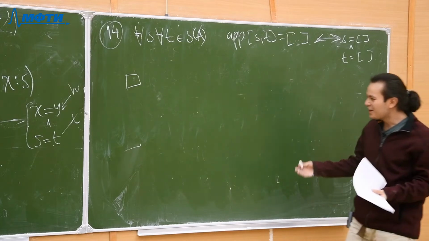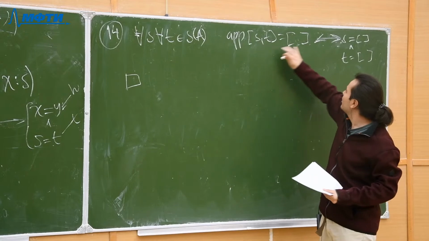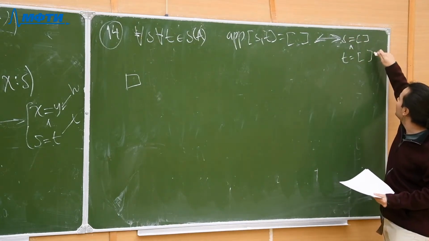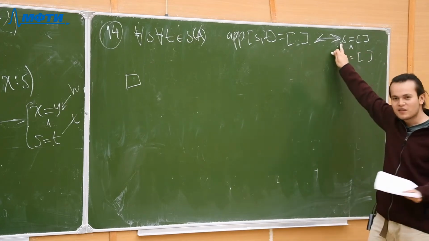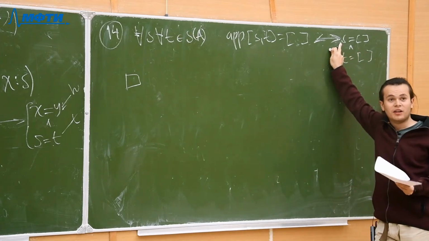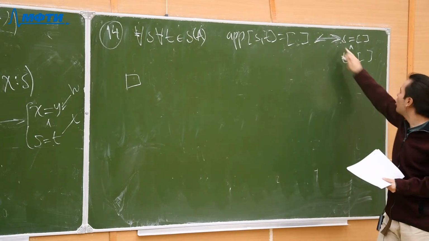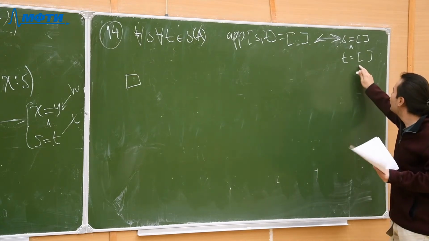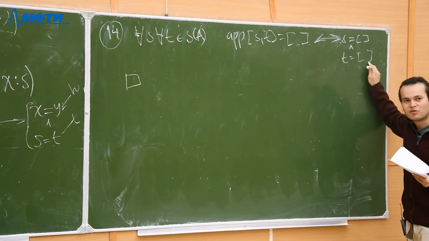The best idea here is to look: we say that this is true if this and this are empty strings. So let's look at what happens if S is an empty string and we know that this is true. What value do we obtain for T? So T should be an empty string as well.